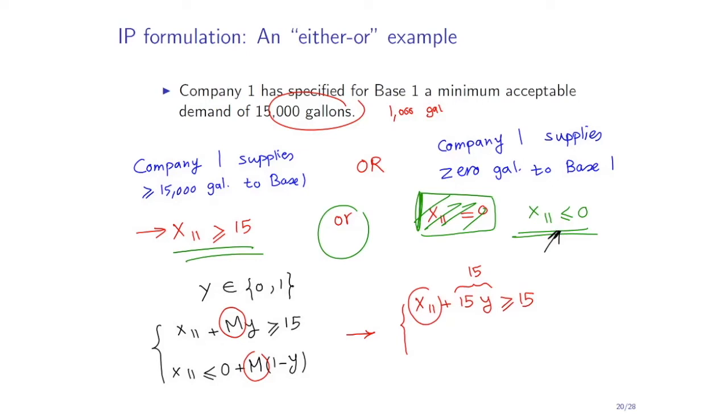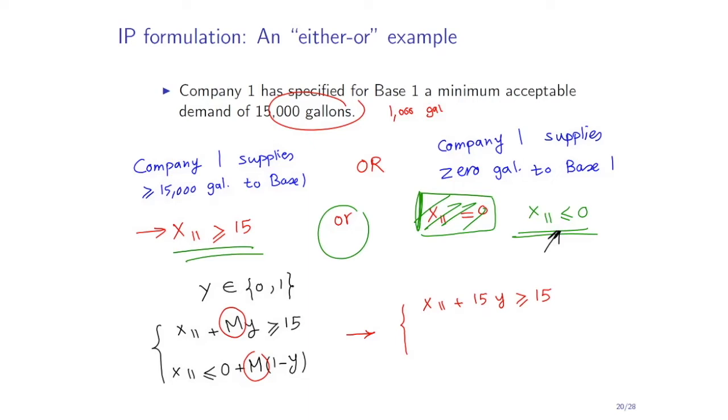So in any case, 15 plus 0 or some positive number is required to be greater than or equal to 15, which is trivially satisfied. So 15 as the coefficient of y is enough. So x11 plus 15y greater than or equal 15.